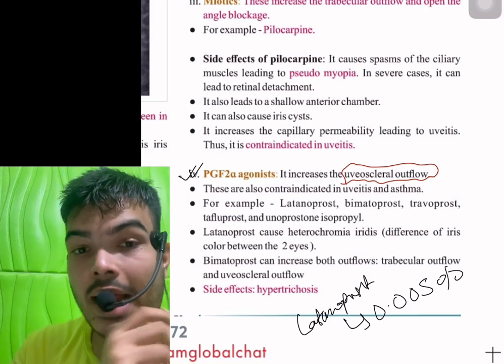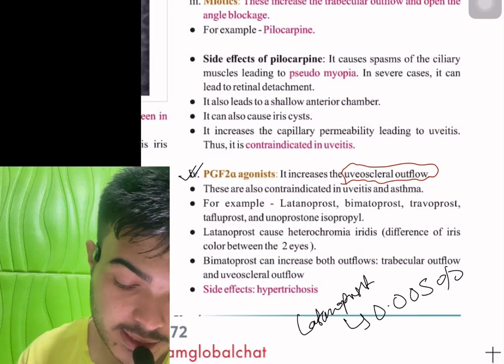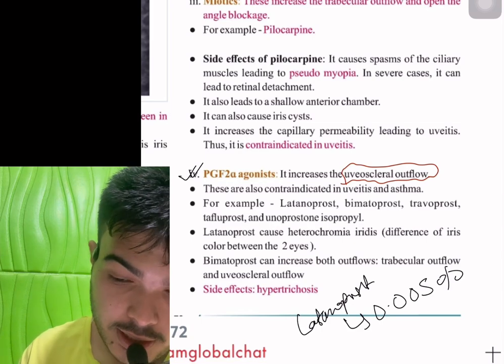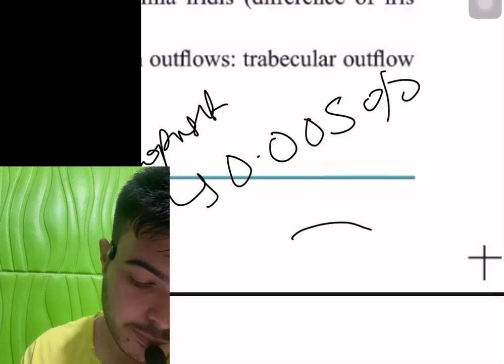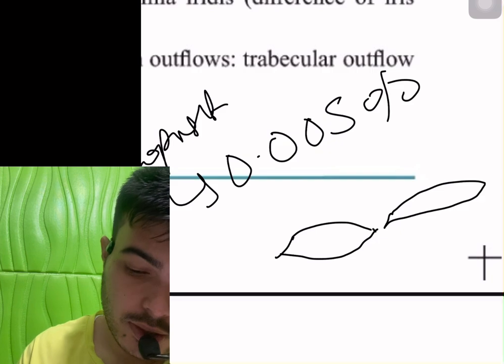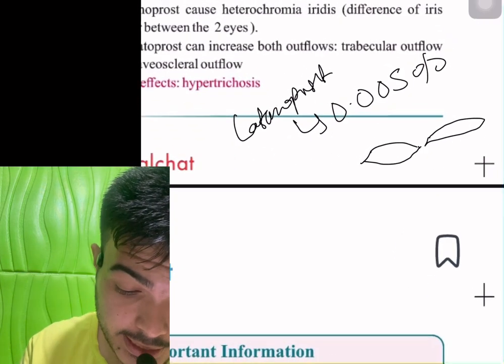But the side effects. Now, the most important thing is how to memorize the side effects. So difficult, no? So what we'll do is we'll just make a diagram. Make this diagram along with me. See here, with the red color pen, just make this kind of diagram.